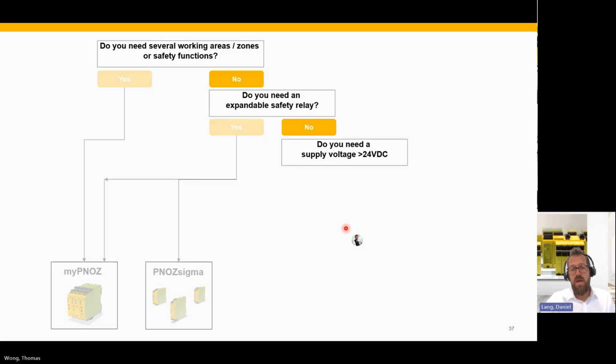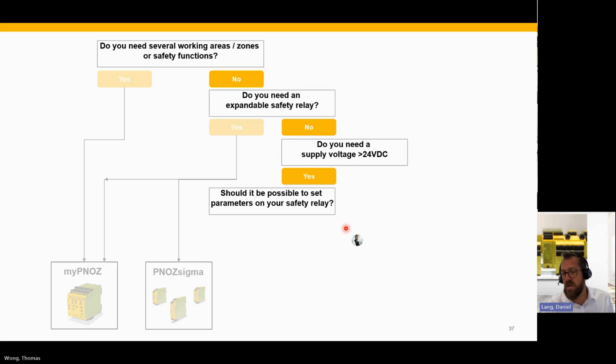If you say, okay, no, I do not need that, but I have a specific supply voltage, which is not the standard 24 volts DC, but let's say 48 volts DC in AGVs, or 230 or 110 volts AC, then the question is, should it be possible to set the parameters with a rotary switch I also showed before, or is that not needed?